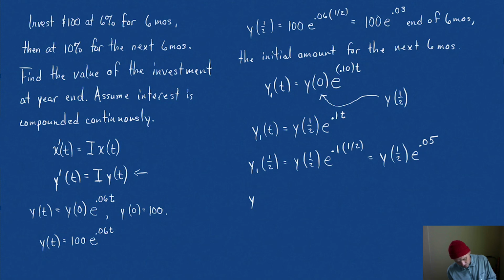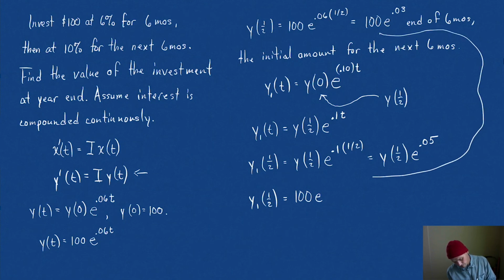Oh, but wait a minute. y1 of 1/2 is really y of 1/2. Well, that we said is 100 e, oops, up above, sorry, from right up here, e to the 0.03 times e to the 0.05. Well, now we have the same base. We can add those exponents.